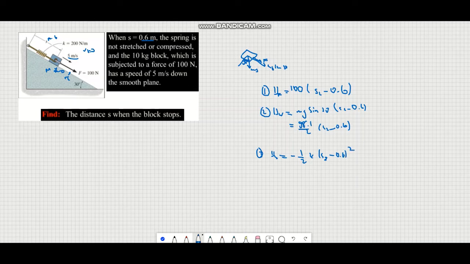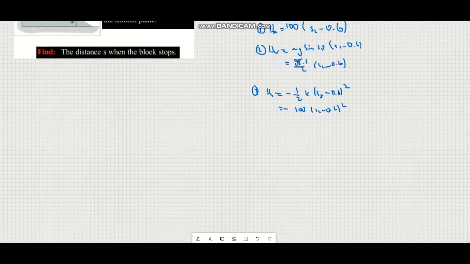So it's minus 100 times S2 minus 0.6 squared.